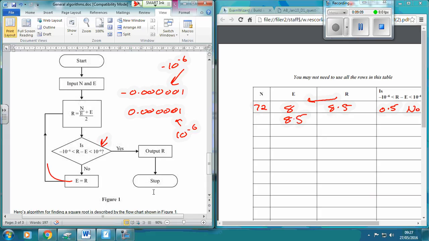And then we go back to this one. So now r equals n divided by e plus e divided by 2. So we're going to do 72, that's what n is, divided by 8.5 plus 8.5 divided by 2. And we get, remember we're doing this to 7 decimal places, 8.4852941.